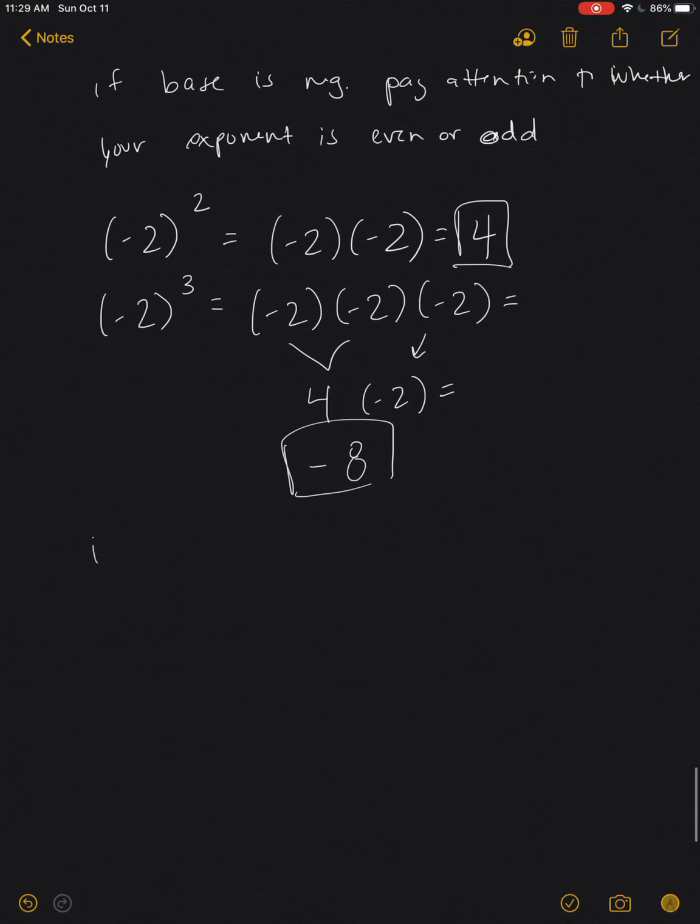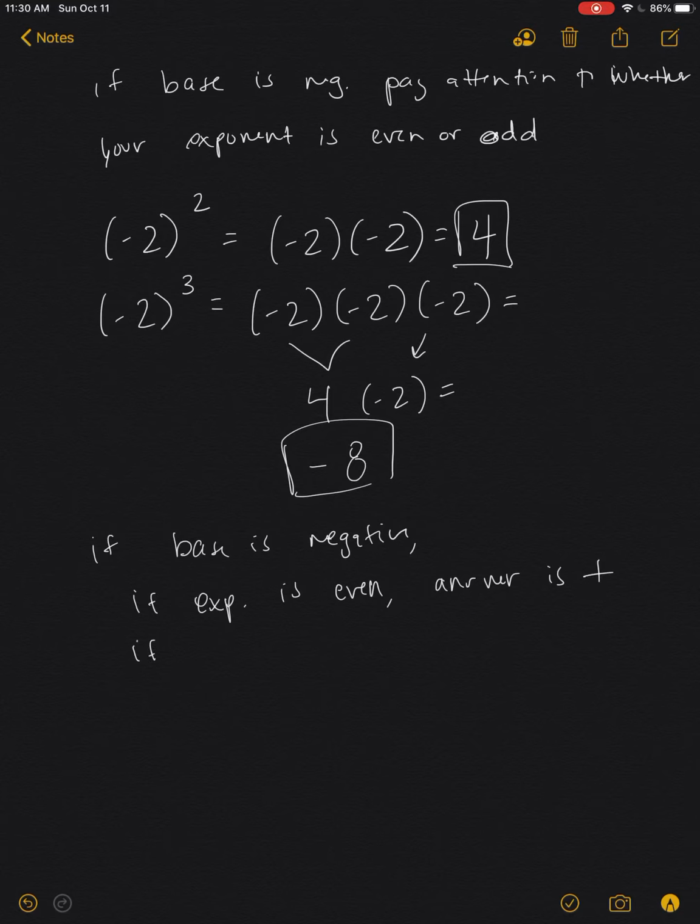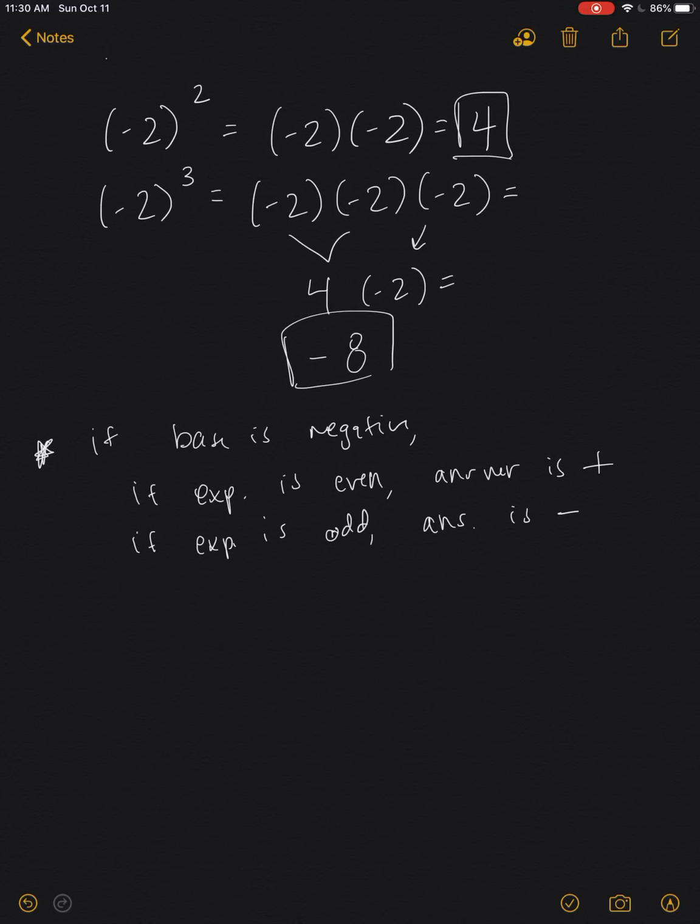So if your base is negative, if the exponent is even, the answer will be positive. If the exponent is odd, your answer will be negative. Okay, that's just that handy little rule.